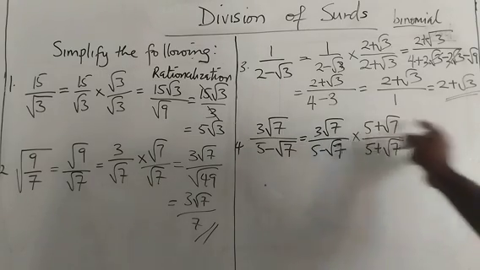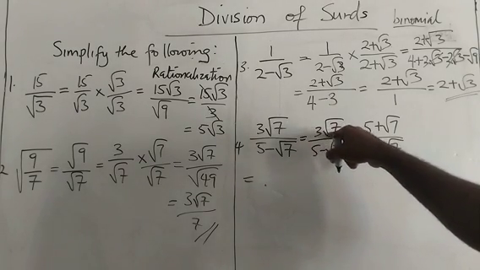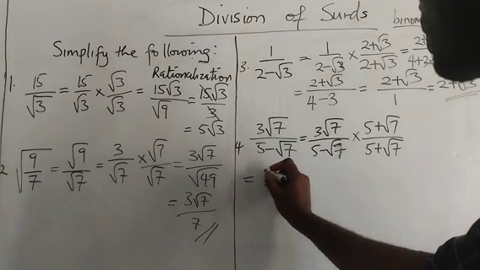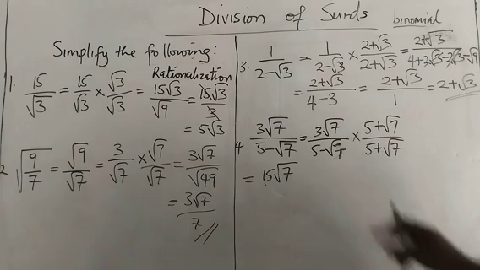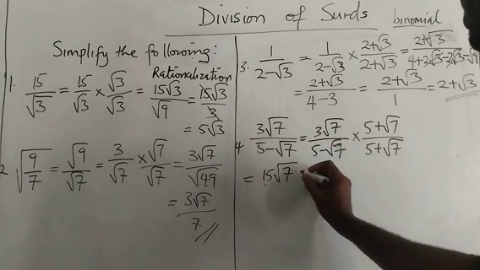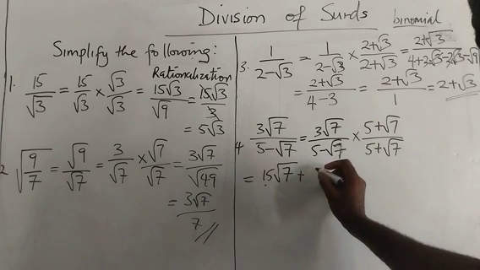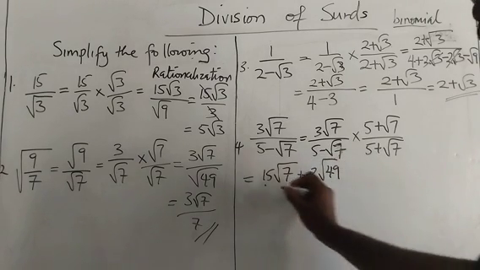So multiplying out, we'll have 3 root 7 times 5 will give you 15 root 7. 3 root 7 times root 7 will give you 3 root 49.